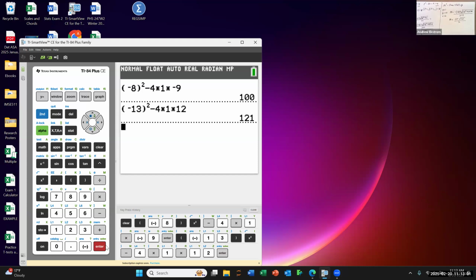And all of you already totally know what the square root of 121 is, right? You all remember that from whatever class it was. Or you just know how to use a calculator to figure out the square root of 121. Whatever works. So we're going to have m equals 13 plus and minus 11 divided by 2.